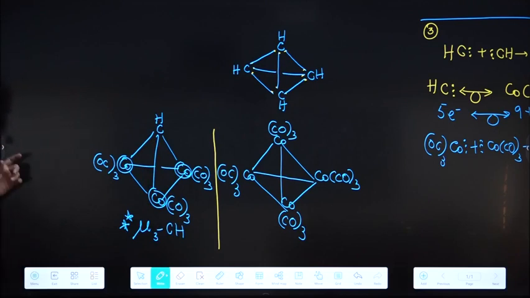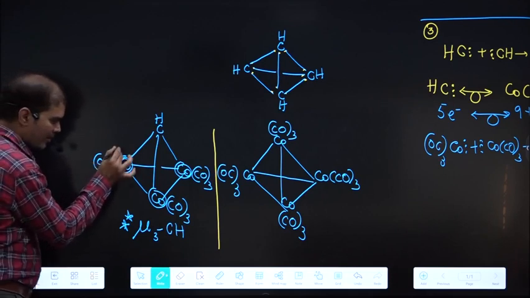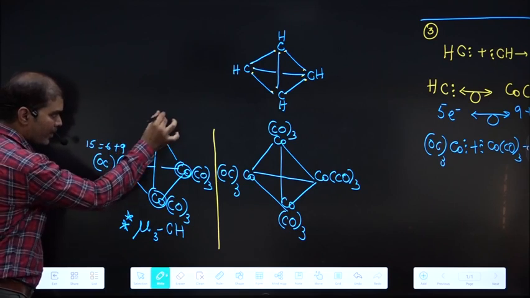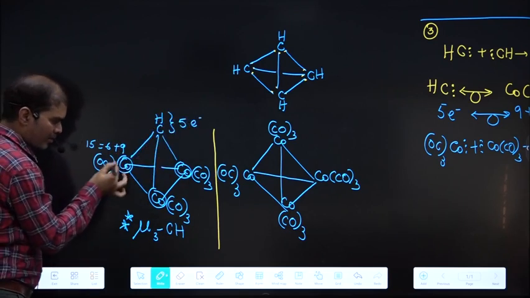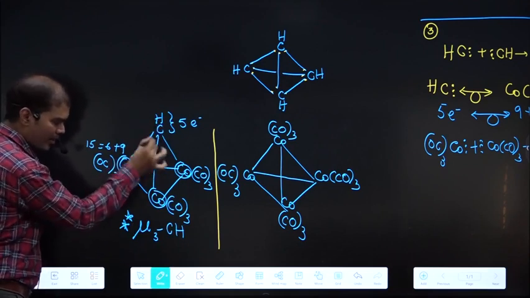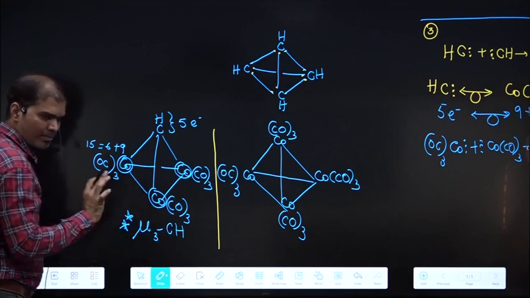So how should you understand that? It is just an implication of your Hoffmann isolobal analogy, where a Co(CO)3 unit, which is 9 plus 6, a 15 electron system, is isolobal with a 5 electron system. So in the place of a Co(CO)3, I can simply replace it by a CH. That CH is making 3 bonds with 3 metals. Therefore, I can call it a triply bridging methylidyne.